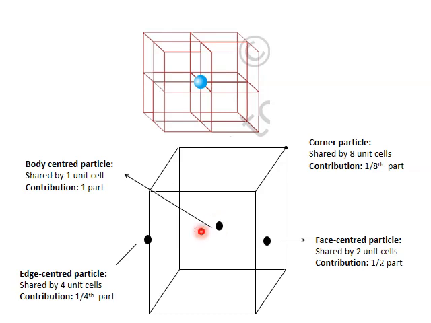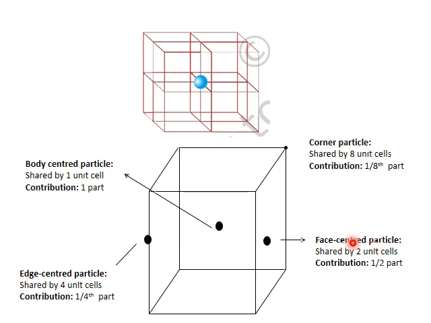Now this body centered particle is present in this unit cell and it is shared by only this unit cell, because the other unit cells will come on the upper side or down side, left side or right side, front or back, which cannot share this body centered particle. So it is shared by one unit cell and its contribution to the unit cell will be equal to 1.